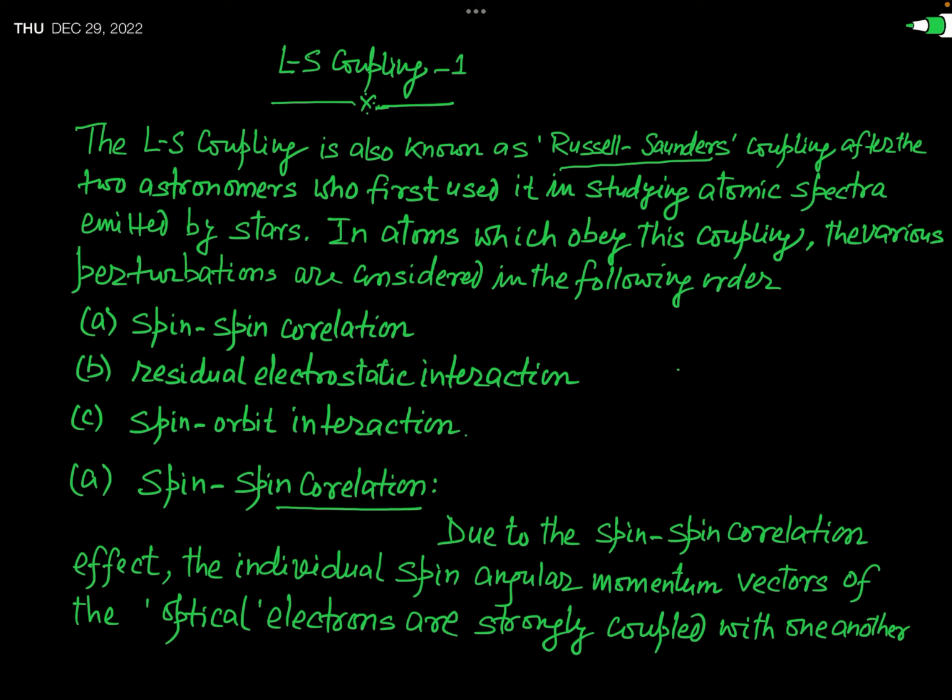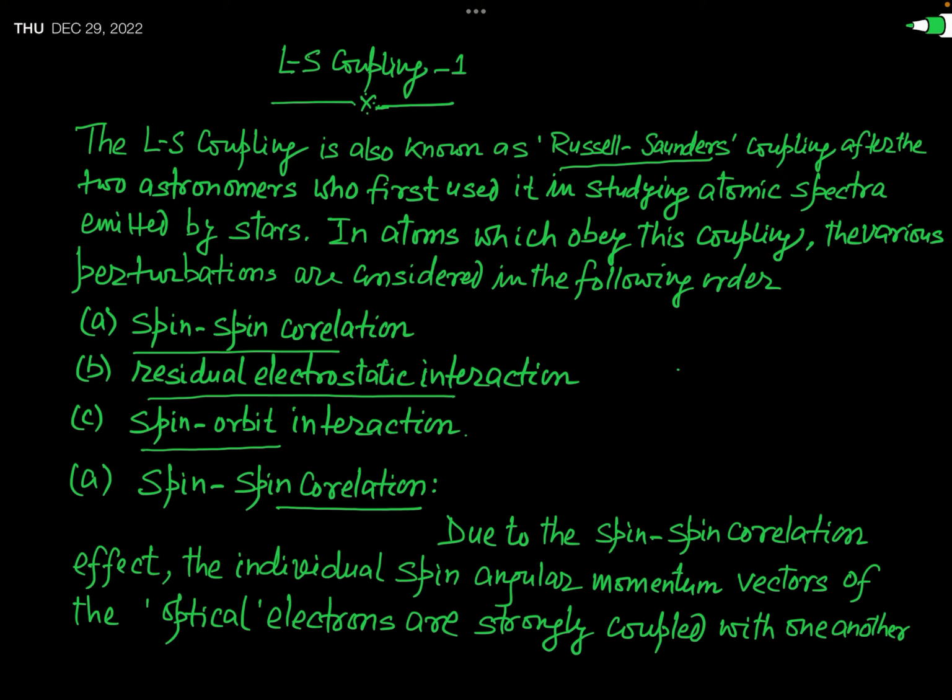These three perturbations are, first, the spin correlation, then we will consider the residual electrostatic interaction, and finally we will consider the spin orbit interaction.